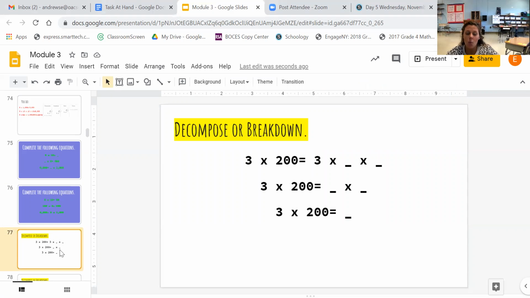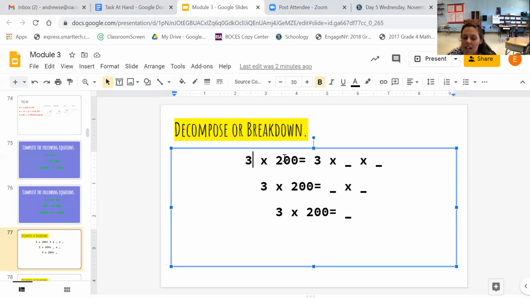Let's try this one. When I say decompose, you say break down. Decompose, decompose. Awesome. So if we're decomposing, it means to break it down, almost similar to the associative property, but we're not using parentheses. So 3 times 200 equals, remember on the equal sign, we need them the same on both sides.